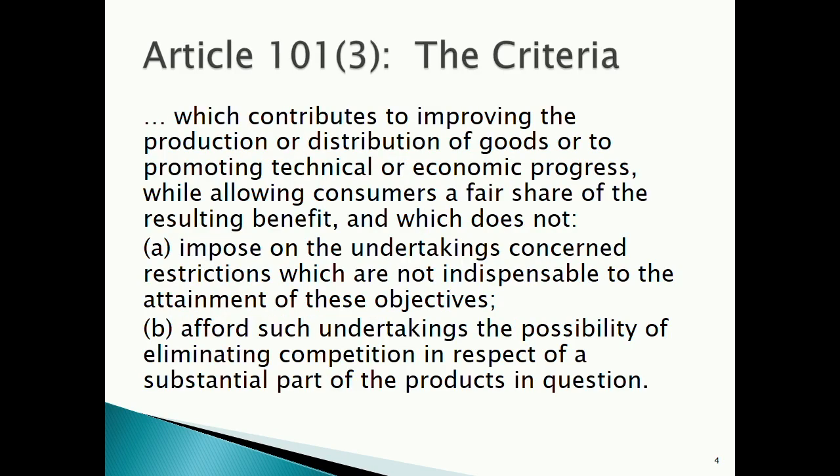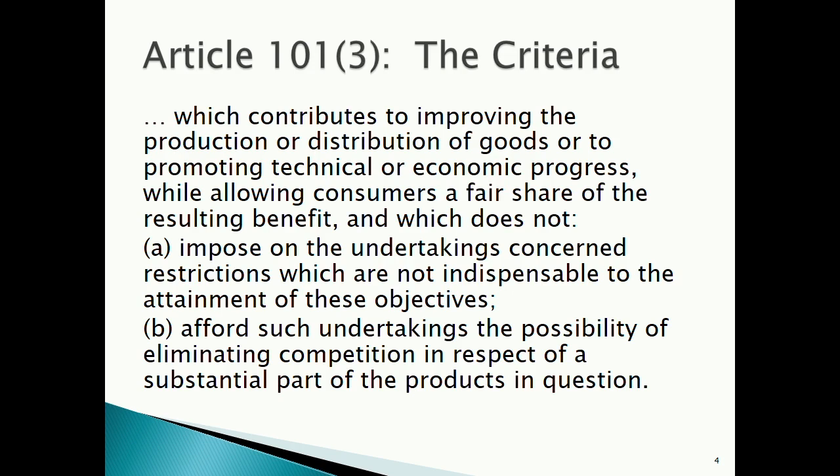Okay, so let's look at the criteria. For a practice that would otherwise be a violation of Article 101.1, that practice can be defended or can be legalized if you can show that it contributes to improving the production or distribution of goods or promoting technical or economic progress.